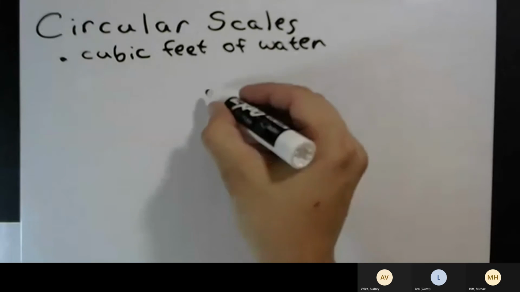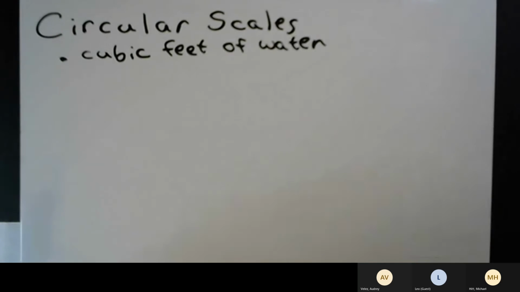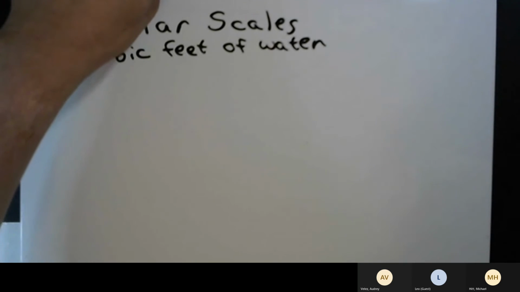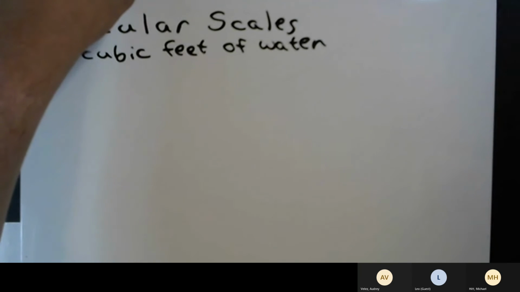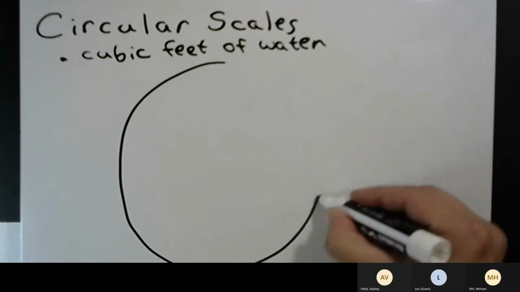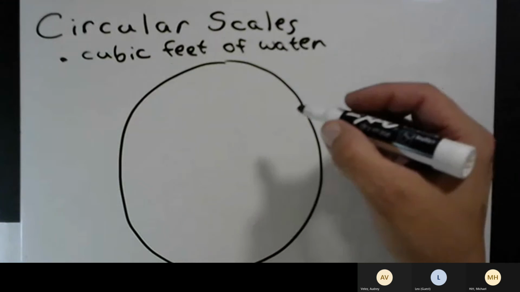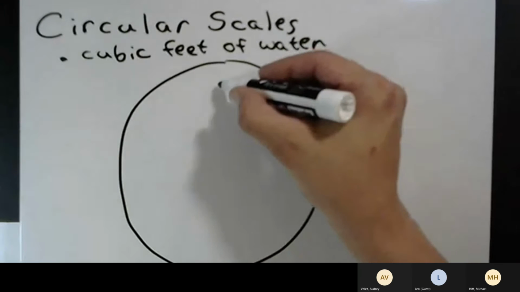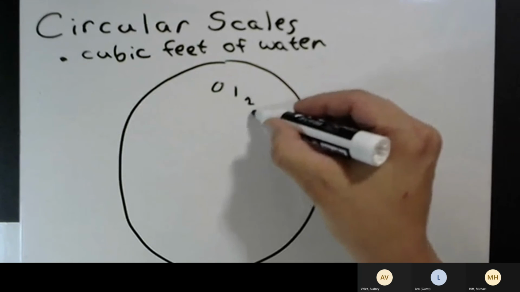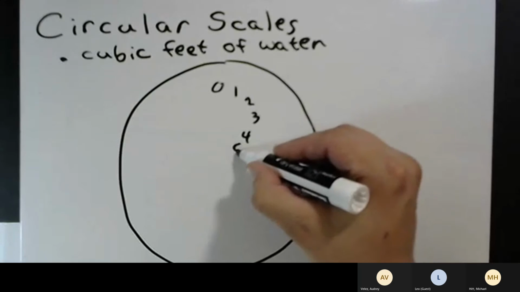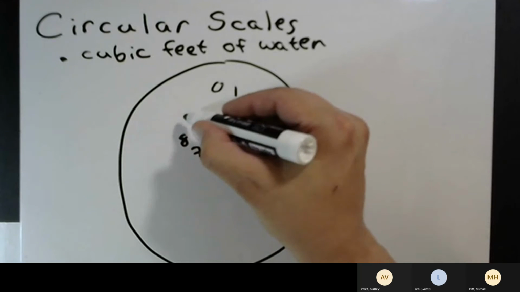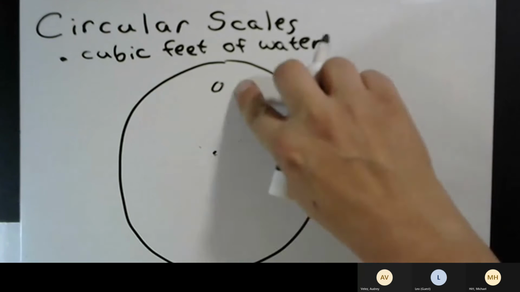Something that you might run into, let me pull up the book here because I think they're going to do a better job drawing it than I am. Well, I'll do a simple example. Let's say we have something like this, a circular scale. So we could have, say, not quite like a clock.